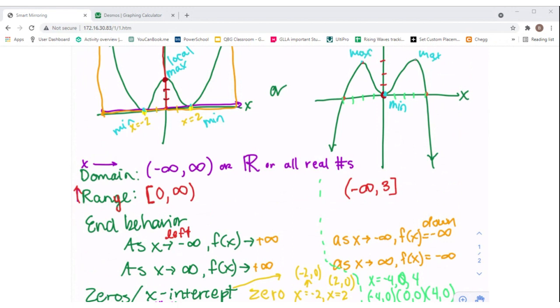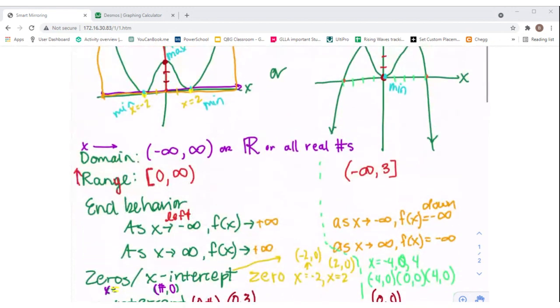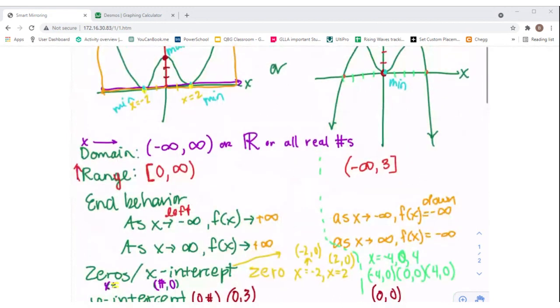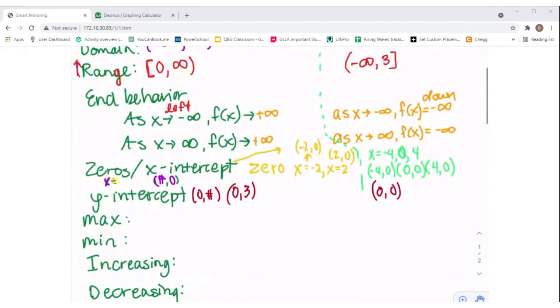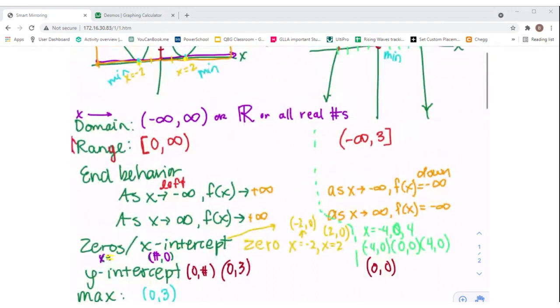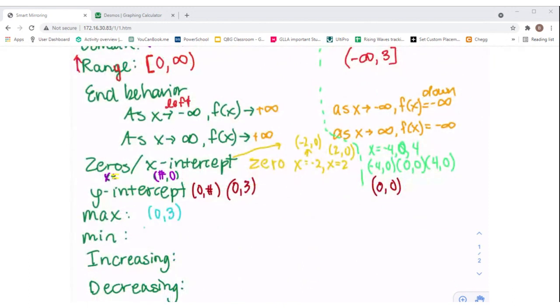So then you just say what those points are. The maximum on the left one would be at 0, 3. And the minimums would be at those points, which are at -2, 0 and 2, 0. And then this one has 2 maxes and 1 min.